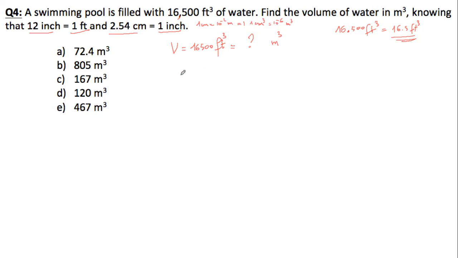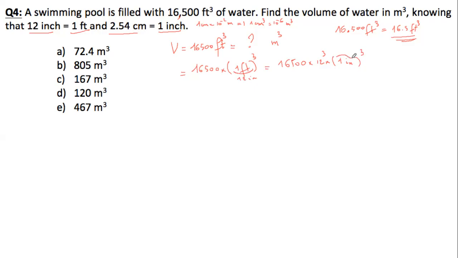Okay, let's do it. So we'll have 16,500 times 1 feet cubed. I can use conversion ratios, okay? Straightforward. I just want to show you this. So 1 foot is 12 inch. I'll replace this one by 12 inch. So I'll have times 12 cubed times 1 inch cubed.